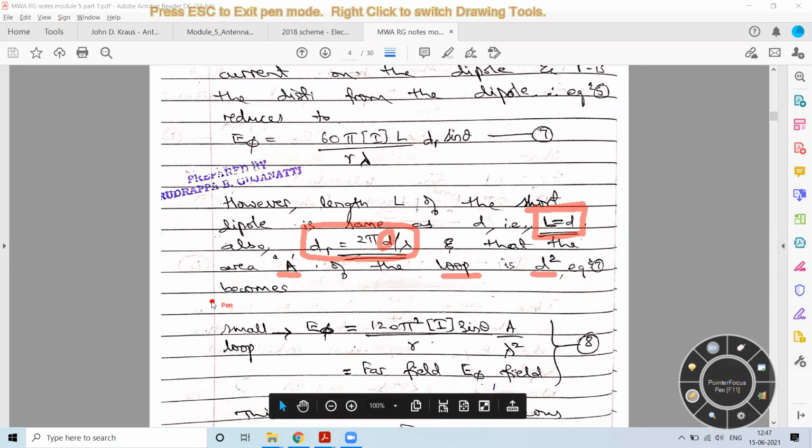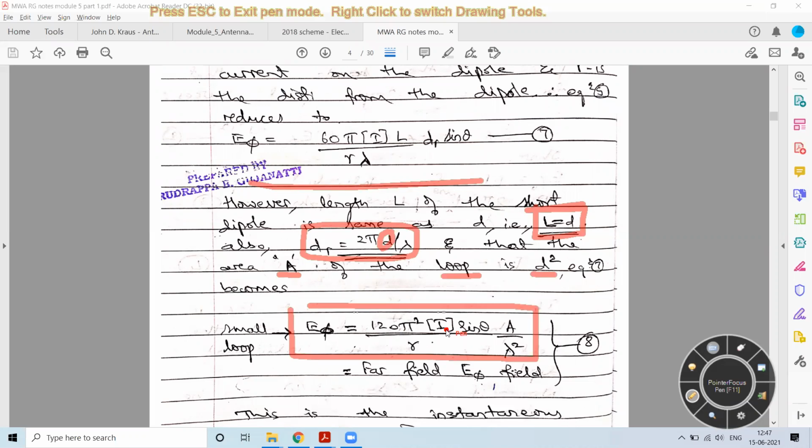So this equation turns out to be E phi equal to 120 pi square retarded current into sine theta divided by r into a by lambda square. This is after substituting these values, replacing the parameter d over there. So this is what we will be getting for the small loop.